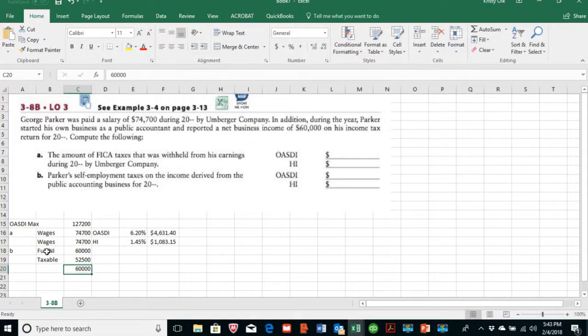Remember, there's not a limit for HI. So the full $60,000 will be taxed at 2.9%. However, only $52,500 of it will be taxed at the 12.4%.